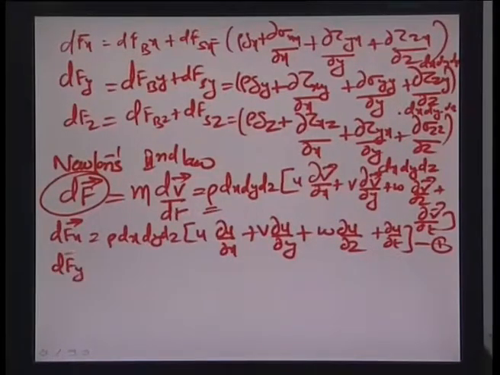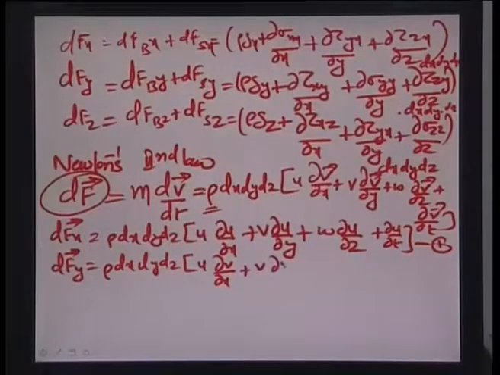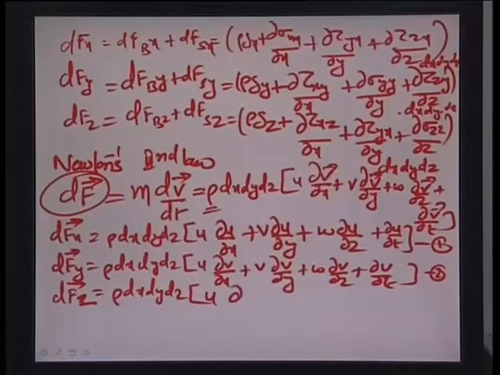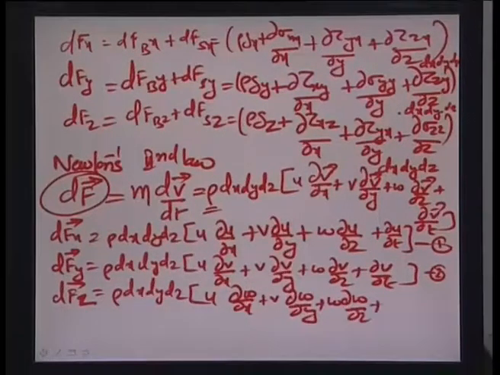Similarly, dfy, the total amount of force, is rho dx dy dz times u del v by del x plus v del v by del y plus w del v by del z plus del v by del t, where u, v and w are basically components of velocity vector v in the x, y and z direction. And similarly, dfz is essentially rho dx dy dz times u del w by del x plus v del w by del y plus w del w by del z plus del w by del t. Okay, so that is equation number 3.